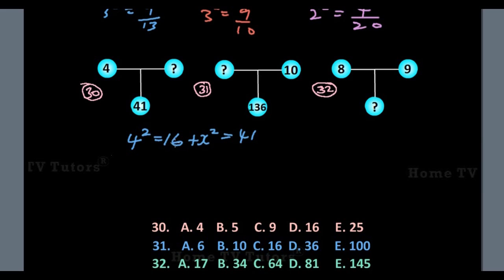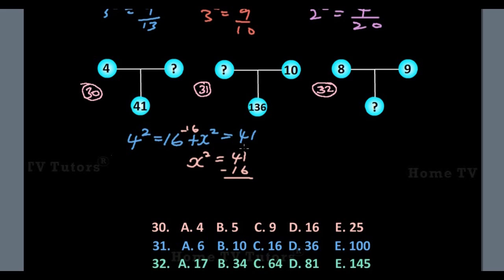If we minus 16 from both sides, on the left hand side we are left with x squared, equals 41 minus 16.